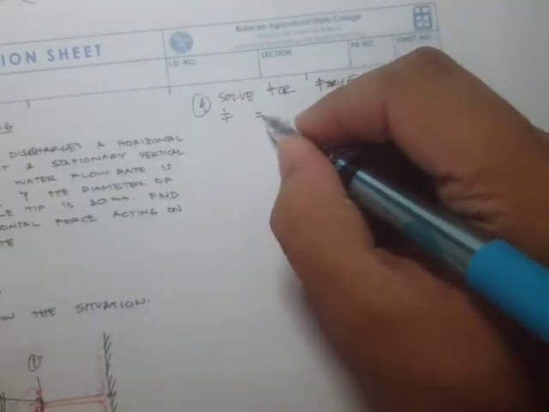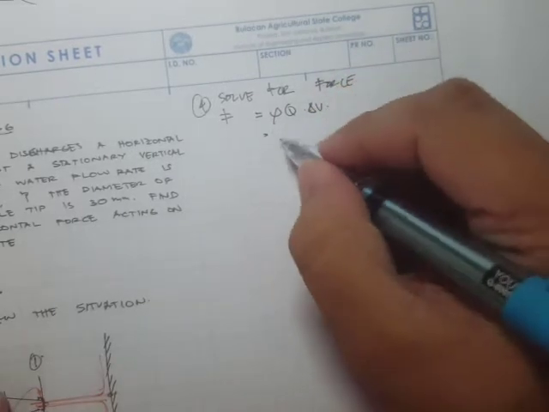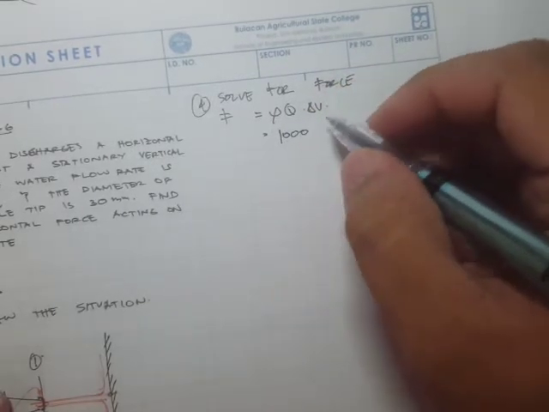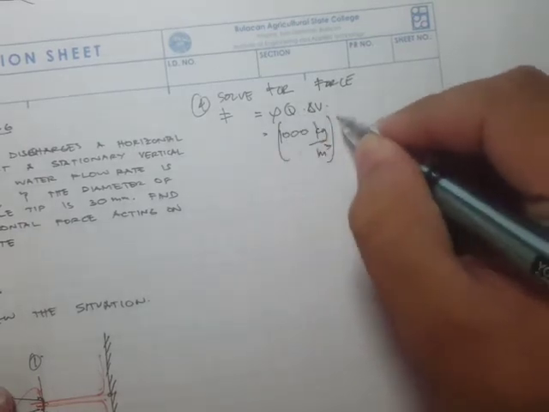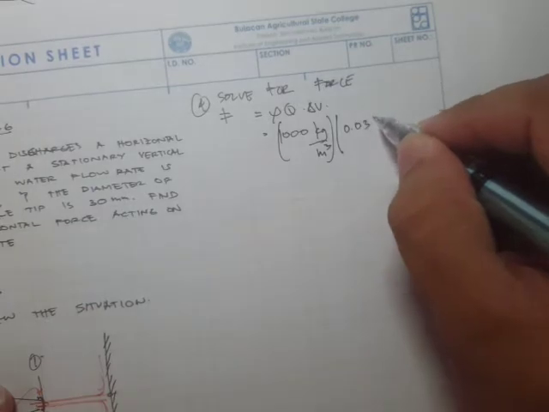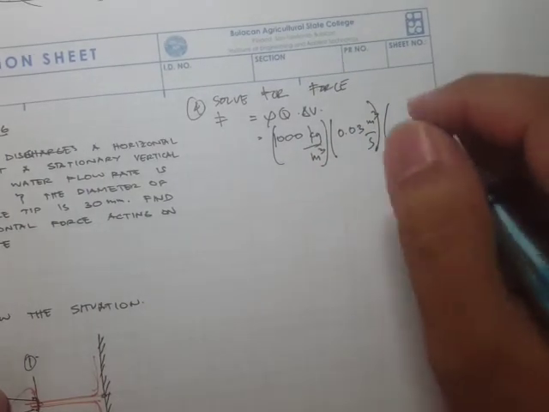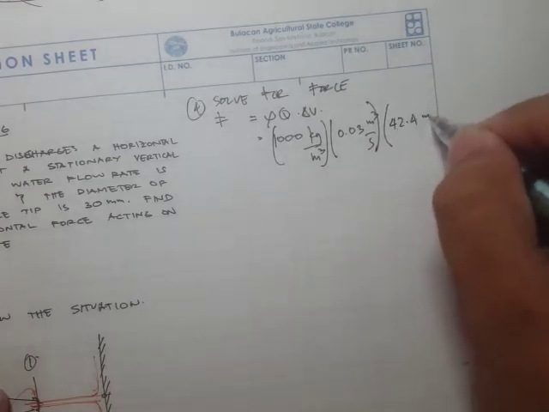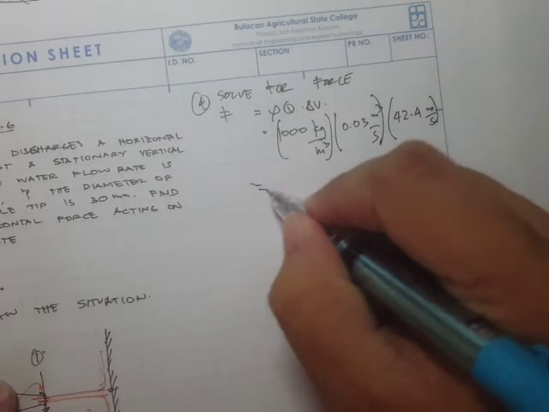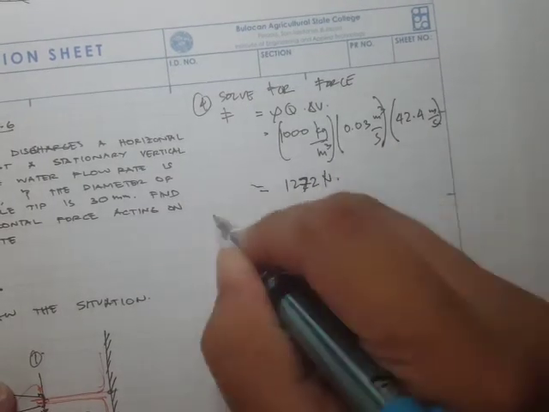So F is just equal to rho Q times delta V. We have the mass density of water, 1000 kilograms per meter cube, times the volumetric flow rate, meter cube per second, times the change in velocity, which is simply 42.4 meters per second, and we get 1272 Newtons.